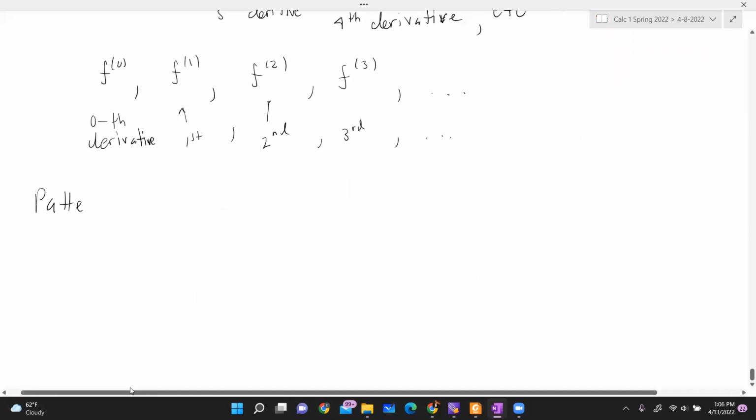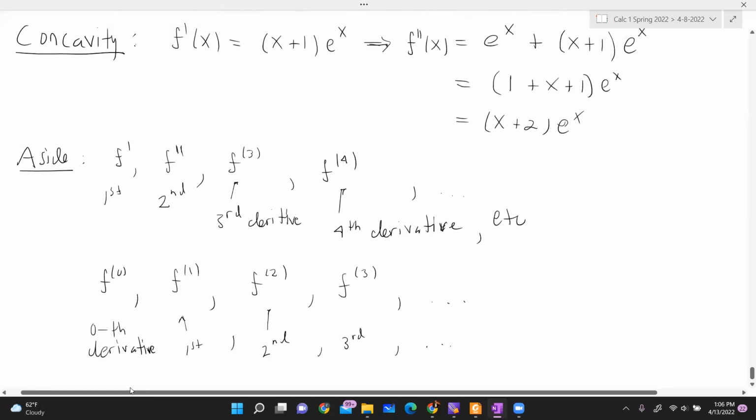If you continue to take derivatives of this function, we only need the second derivative. We don't need to go any further. But when you go into Calc 2, you're going to do this thing called Taylor series, and you're going to need to calculate higher derivatives. And you can compute what's called the Taylor series of functions, because it turns out that all continuous functions can be approximated by polynomials in a sense.